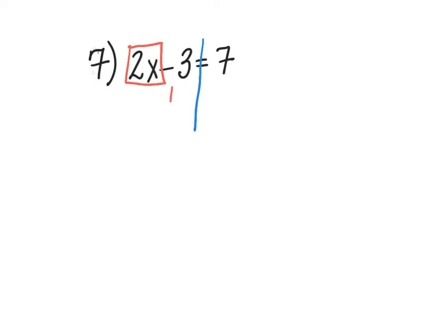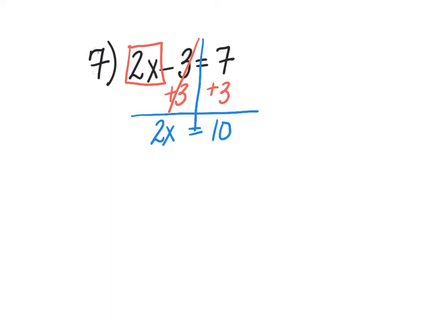So I'm going to add 3 to both sides of the equation. Well, minus 3 and plus 3 cancel each other out. So that leaves me with the 2x all by itself on the left side of the equation is equal to 7 plus 3 is 10.